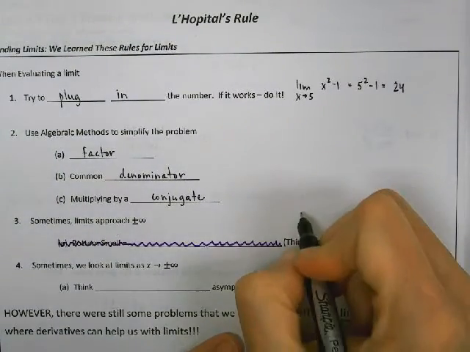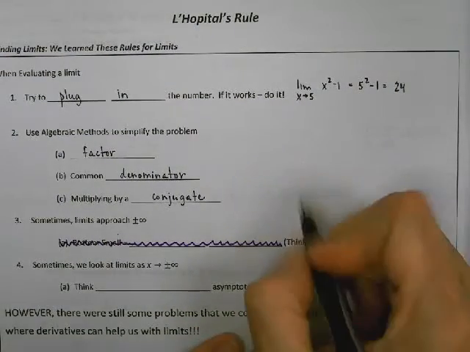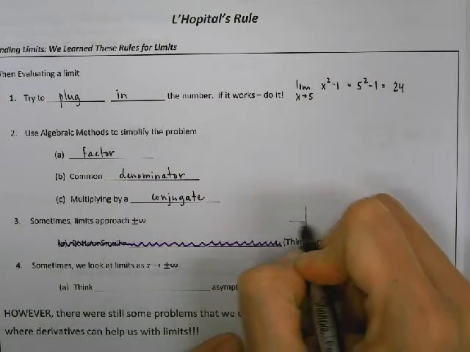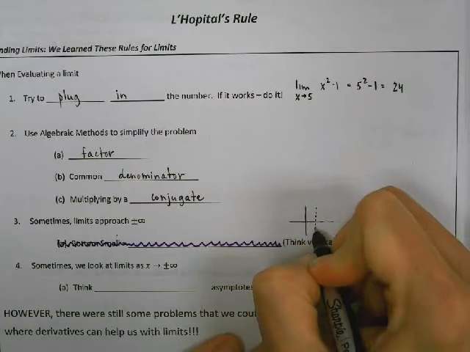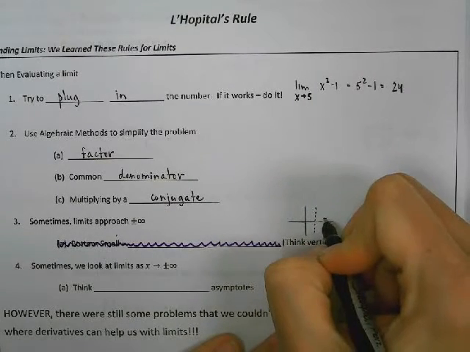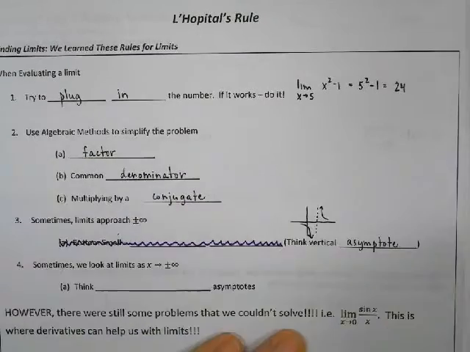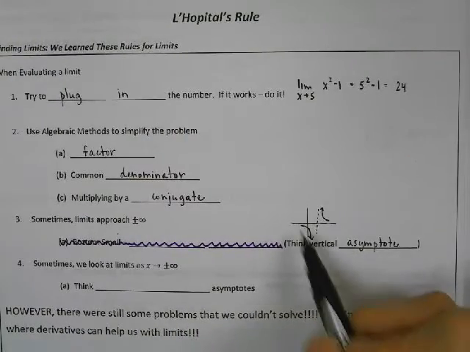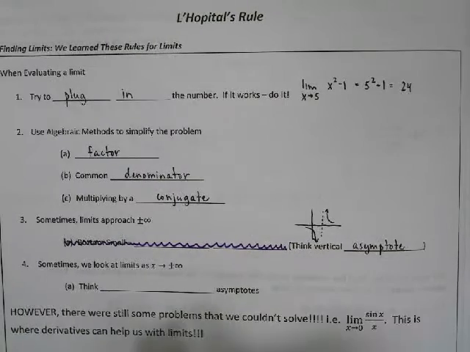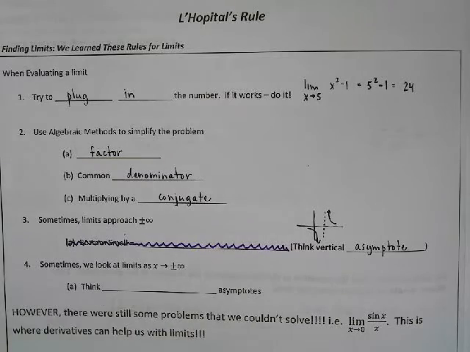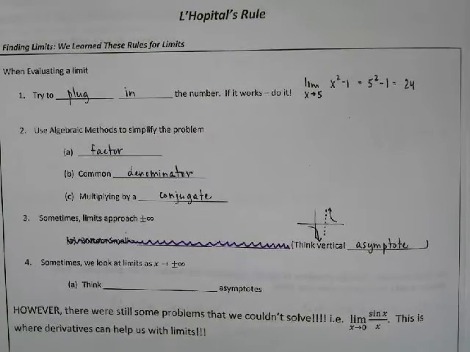So there's something going on with my function. Let's say I have a vertical asymptote here, and as I approach that value, that asymptote is making my behavior either go to positive infinity or negative infinity. So when I'm thinking of limits approaching positive or negative infinity, I'm thinking there's a vertical asymptote.